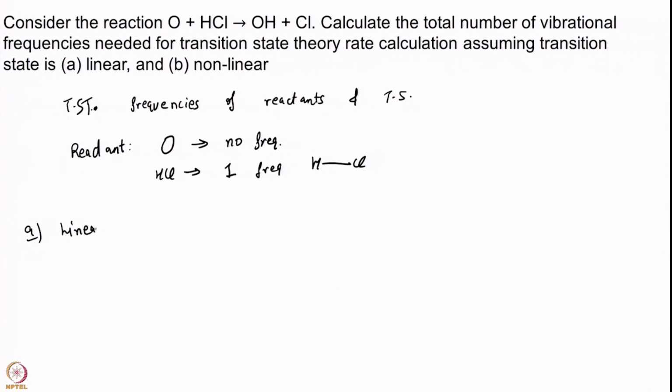Linear transition state, how many frequencies are required for a linear transition state is the question. So, I have O, H, Cl, 3 atoms. For 3 atoms I have 9 total degrees of freedom.